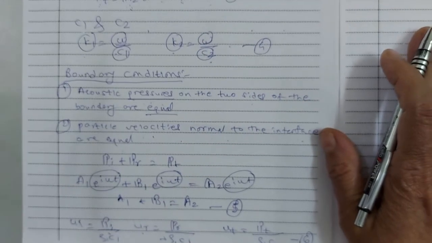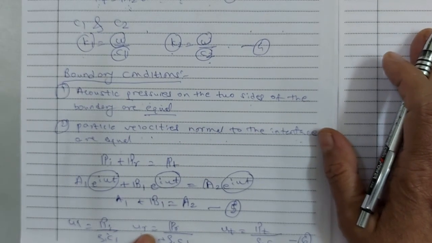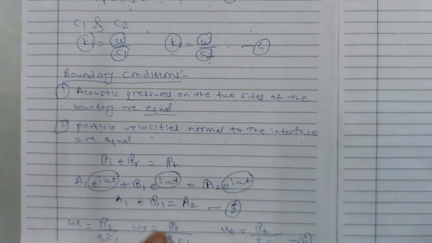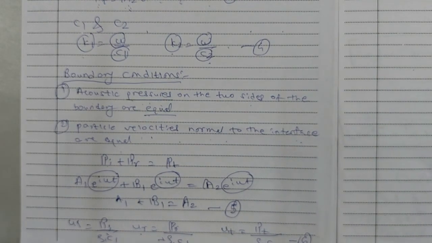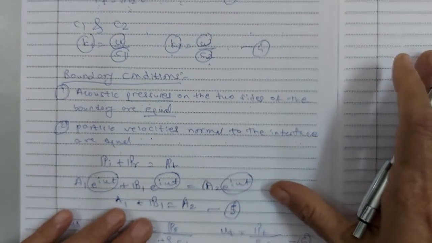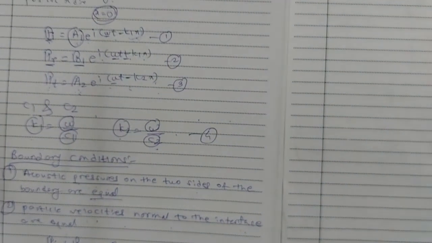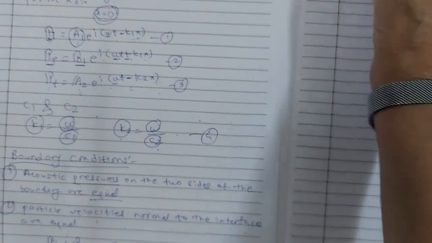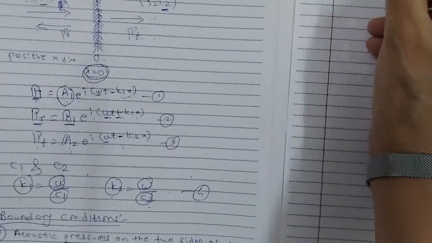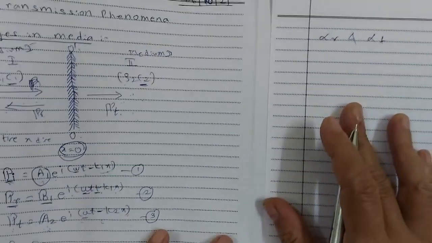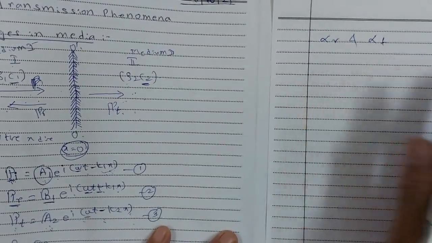Now we will equate and work further, by which we will be able to find the values of alpha r and alpha t. That is our ultimate aim. We want to find alpha r and alpha t, which we will carry on in my next video lecture.